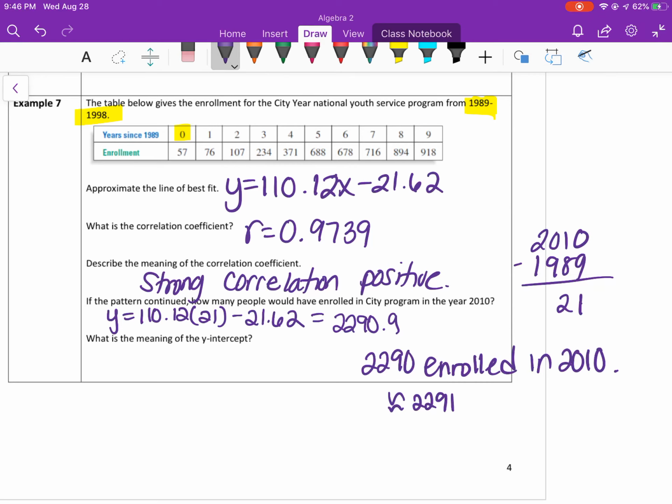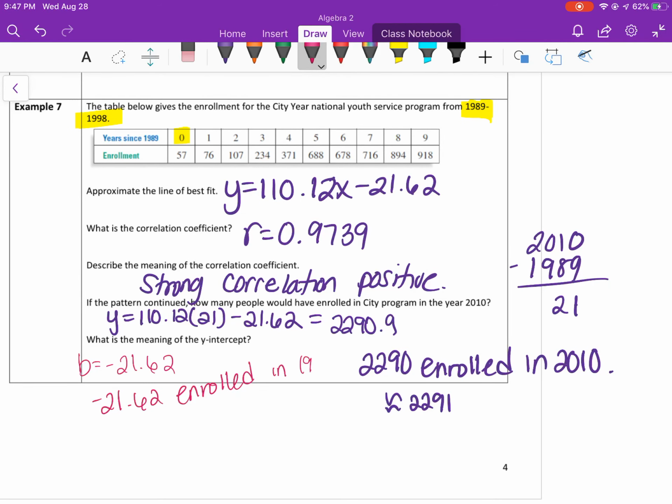So I wanted to do this problem to show you the y-intercept of the model. So the y-intercept in the model here is negative 21.62. Well, the y-intercept represents our starting value, and the starting value of a negative number doesn't make sense when you're talking about enrollment. So this means that there is negative 21.62 enrolled in 1989.